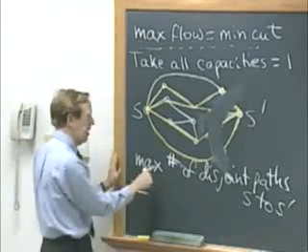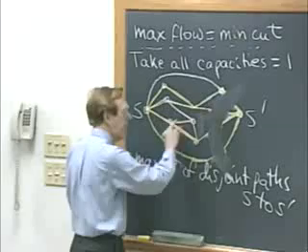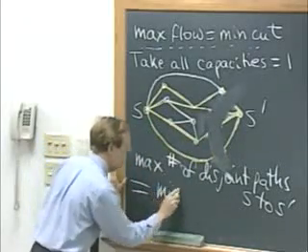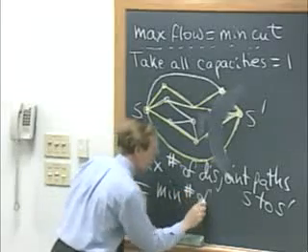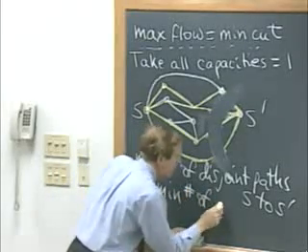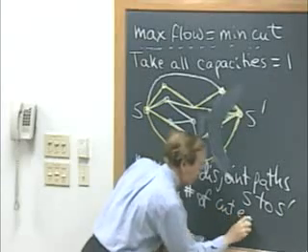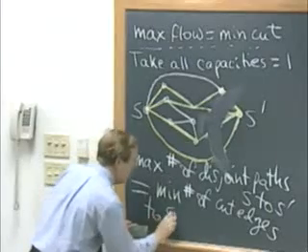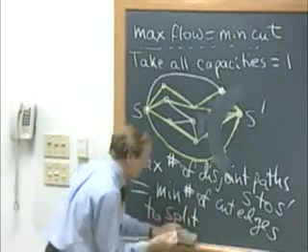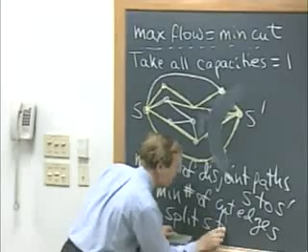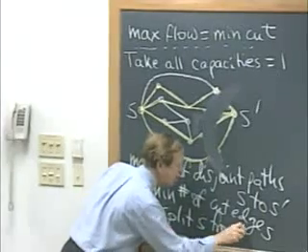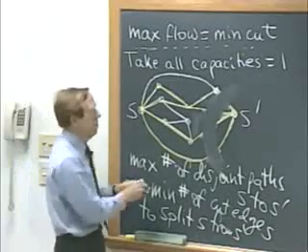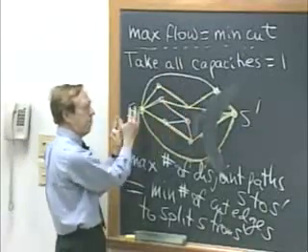So here's what I'm trying to say. The maximum number of disjoint paths, that measured how much flow we could do, equals the minimum number of cut edges to split, may I use a strong verb there, to split S from S prime. The minimum number of edges that it took to separate this from this.